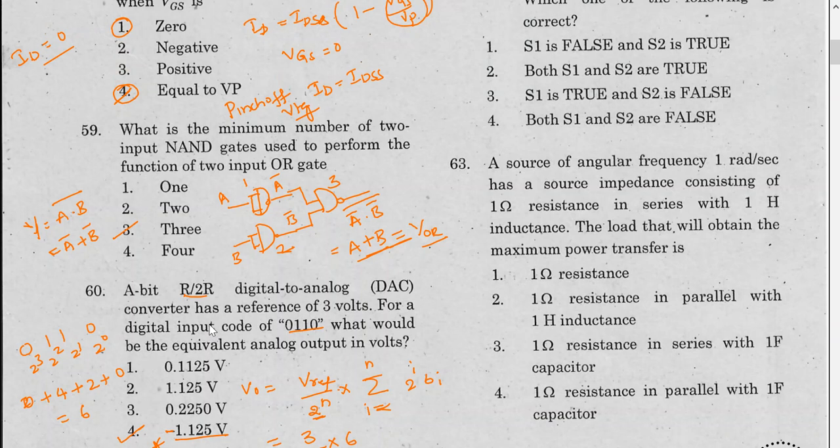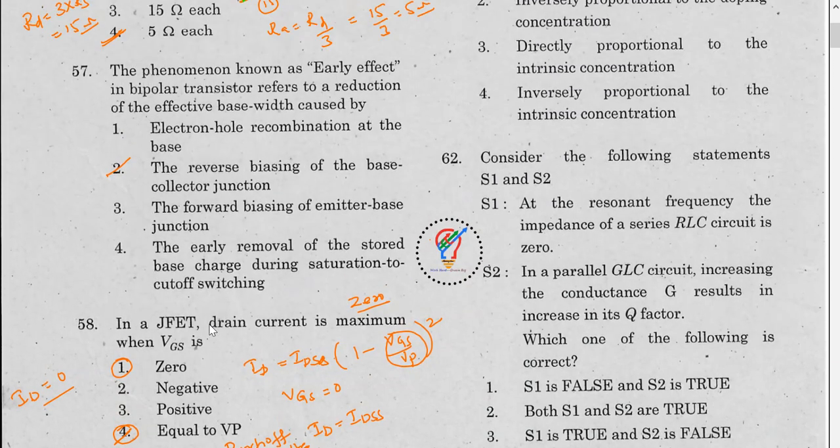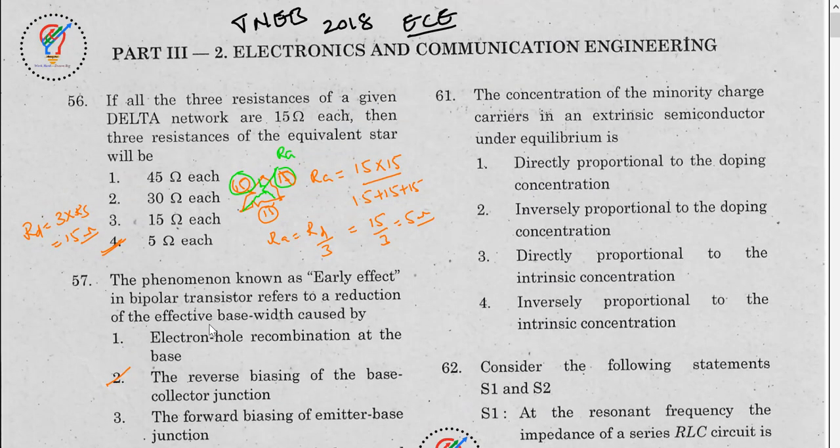Okay, next question, we'll move to the 61st question here. The concentration of minority charge carriers in the extrinsic semiconductor under equilibrium is... Extrinsic means it's doping. What we are doing is doping the pure semiconductor so that we can increase the majority carriers.